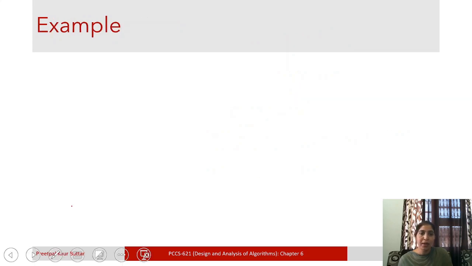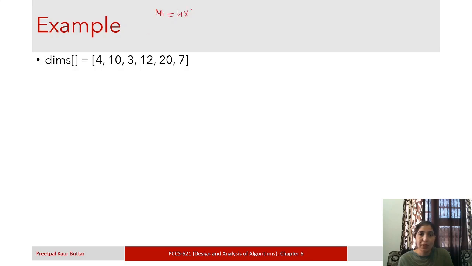Okay, so now we are ready to understand this with the help of an example. So here is this example. Here you have an array dimensions, which is given as input and it is storing the dimensions of the matrices 4, 10, 3, 12, 20, 7. So what does this mean? This means that there is a matrix M1 whose dimensions are 4 into 10.